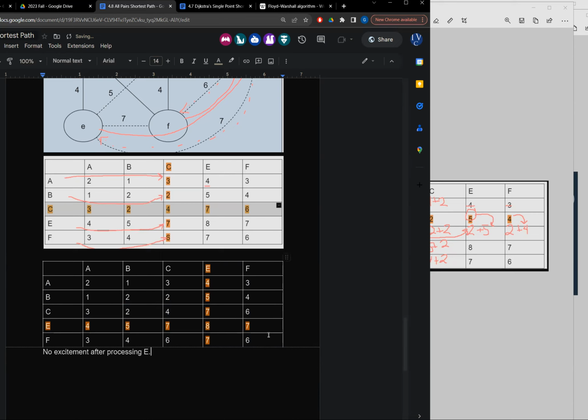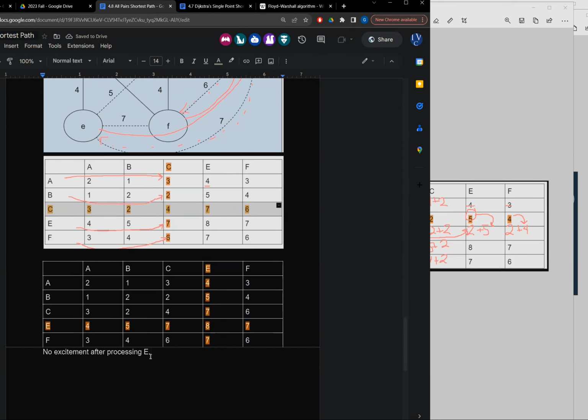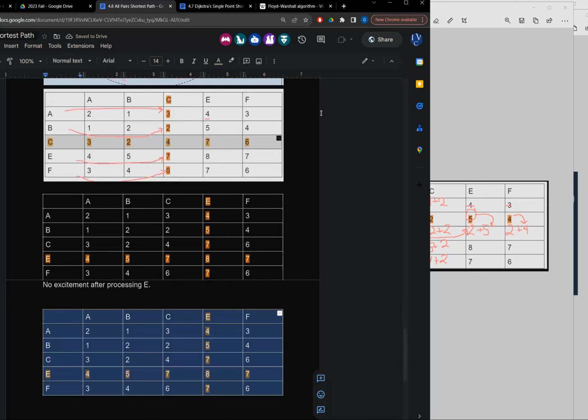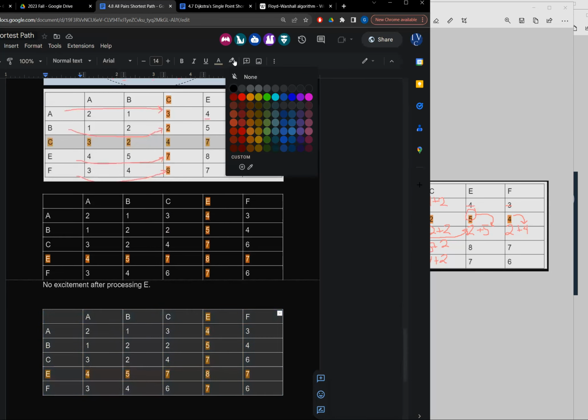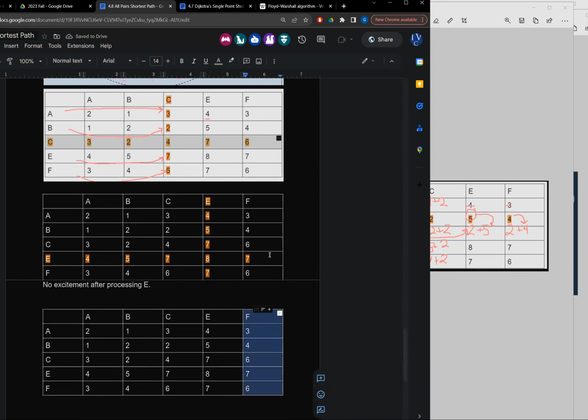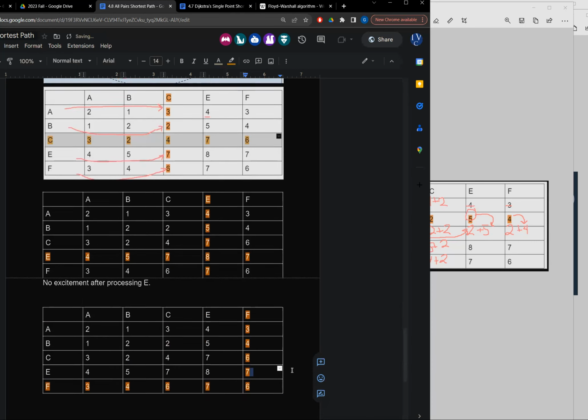Processing E. I think F might be the same, as some of you have already noticed. It's not a very connected graph. So our possible routes that we can build out aren't numerous. And I didn't craft this data.